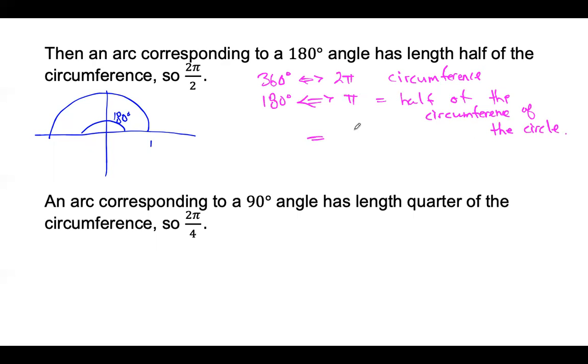So this means the length of the arc, I'll explain this, formed by the circle, formed by 180 degrees on the unit circle.